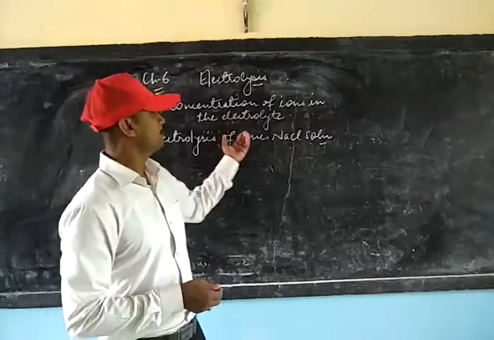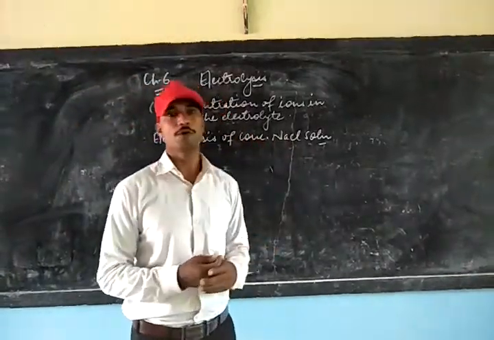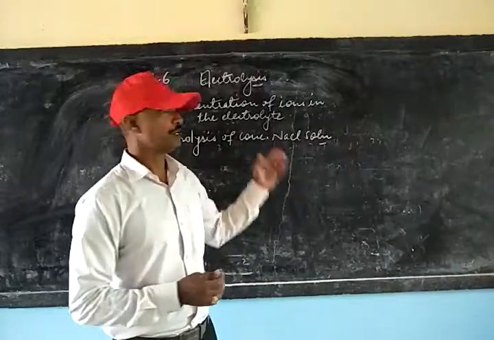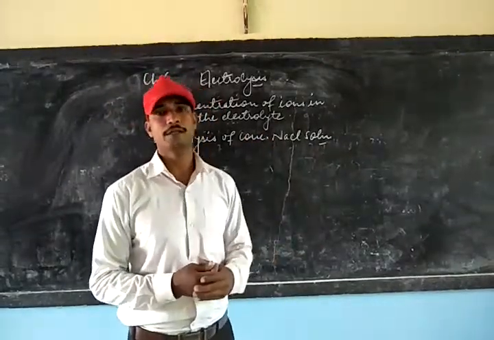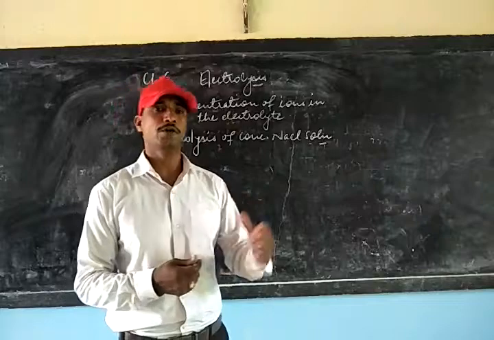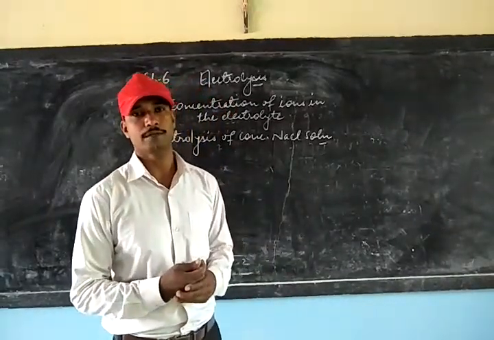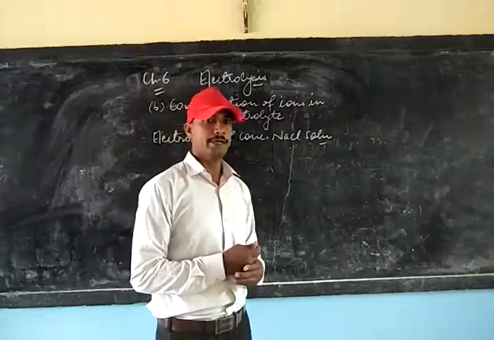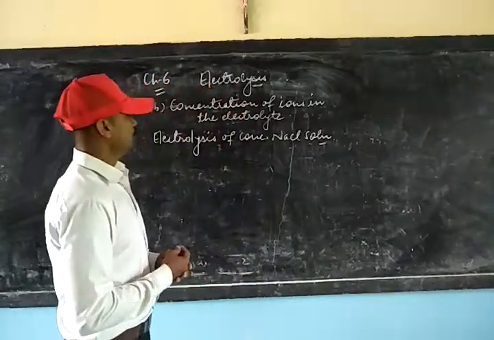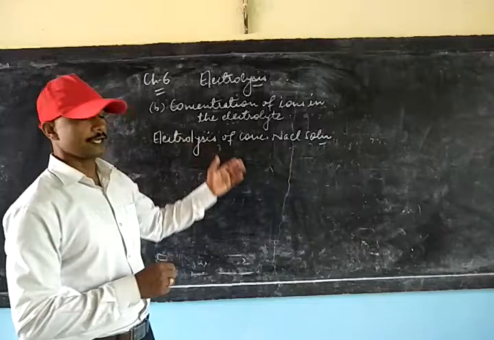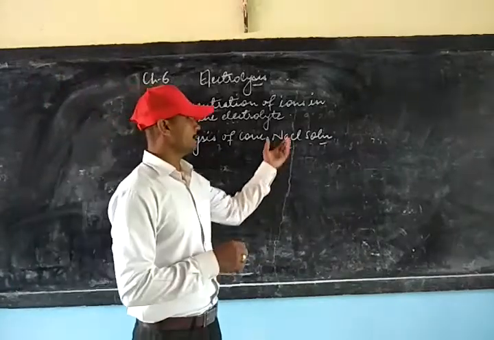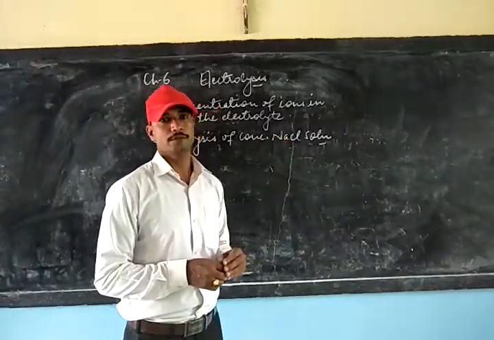So when we take concentrated solution of sodium chloride, it means sodium ion and chloride ion in the solution are highly concentrated, more than hydrogen ion or hydroxyl ion. So let's see what happens here. Let us first write the ionic equation when we pass electric current through sodium chloride solution.